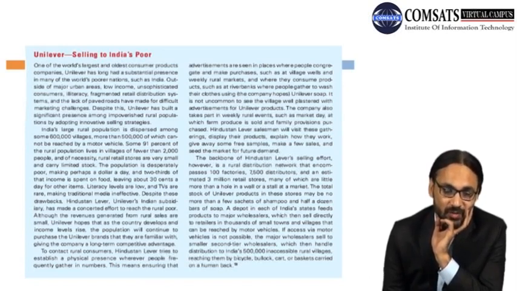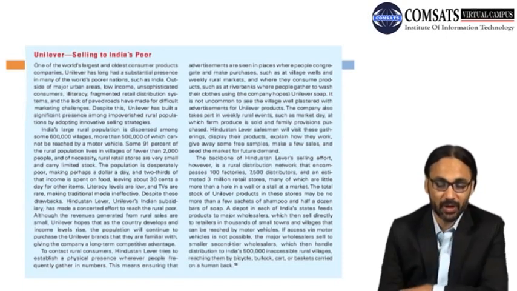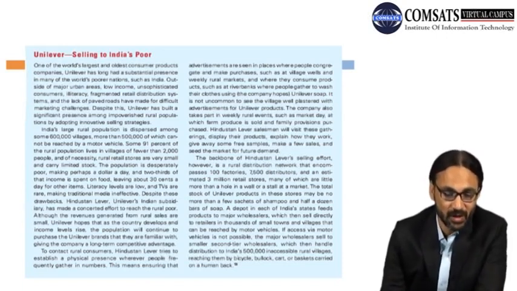Outside of major urban areas, low-income, unsophisticated consumers, illiteracy, fragmented retail distribution systems, and the lack of paved roads have made for difficult marketing challenges. Despite this, Unilever has built a significant presence among the impoverished rural population by adopting innovative selling strategies.